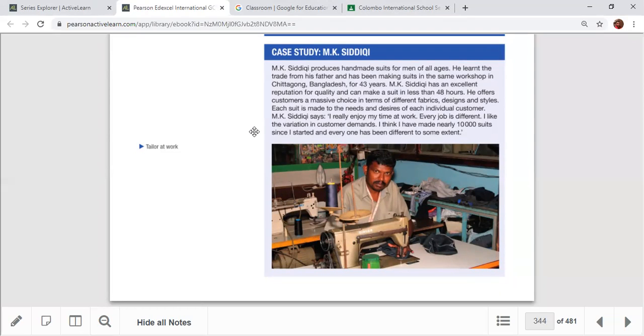Every job is different. I like the variation in customer demands. I think I have made nearly 10,000 suits since I started, and every one has been different to some extent. Every job is different because of different measurements, sizes, trousers, and shirts.